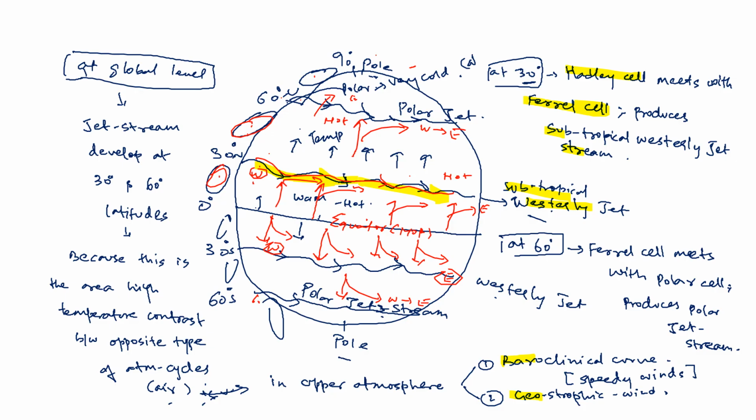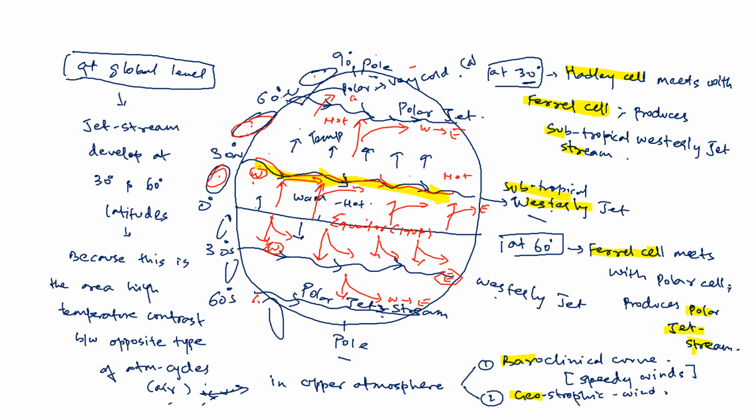But at 60 degrees, the colder polar cell meeting with the a little warmer Ferrel cell produces the polar jet stream, and the thermal contrast here at 60 degrees is more powerful than at 30 degrees. So the polar jet stream produced at 60 degrees north and south is more powerful, stronger than the subtropical westerly jet stream.